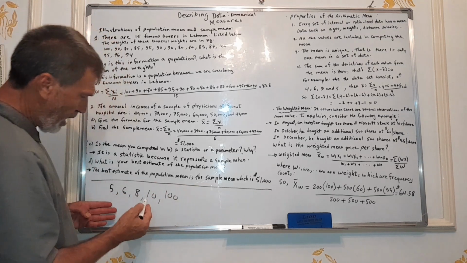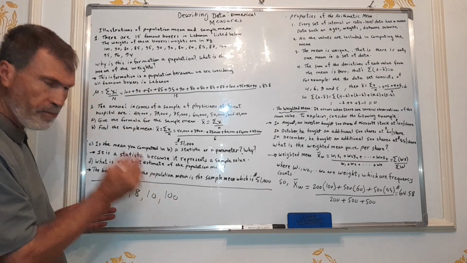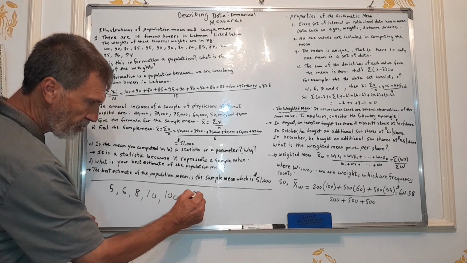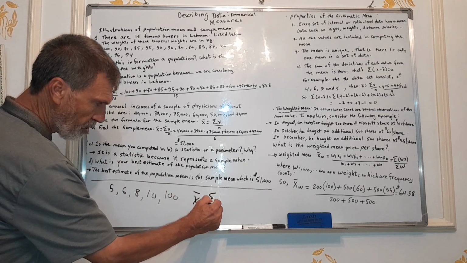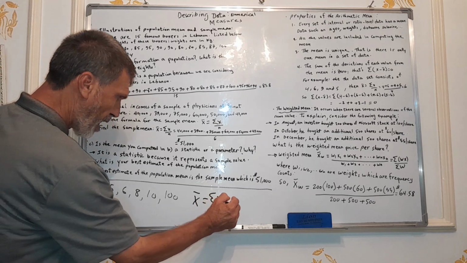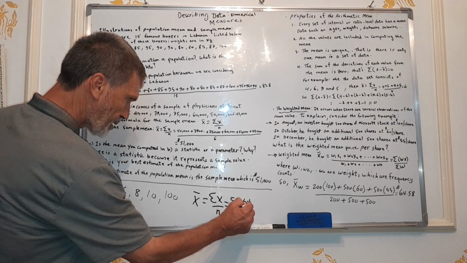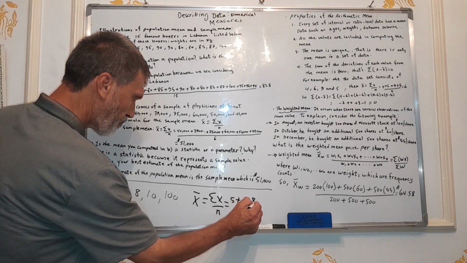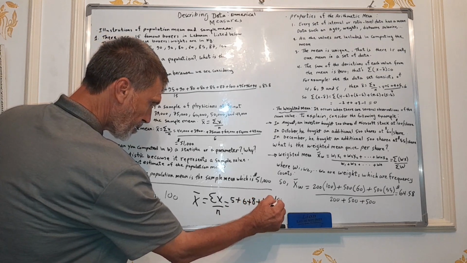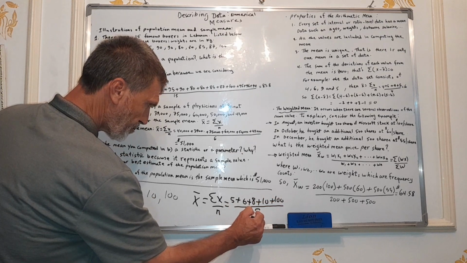Let's say this is a sample that consists of 5 numbers. To calculate the mean, x bar is equal to the summation of x over n. We're going to come up with 5 plus 6 plus 8 plus 10 plus 100, over 5.